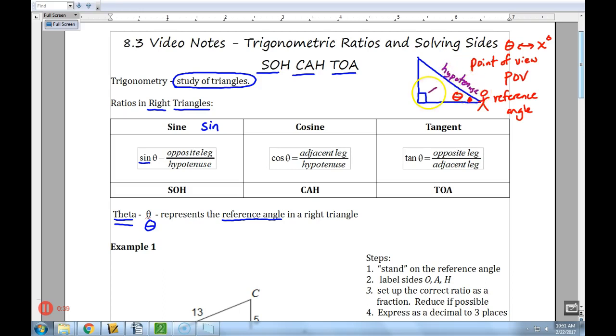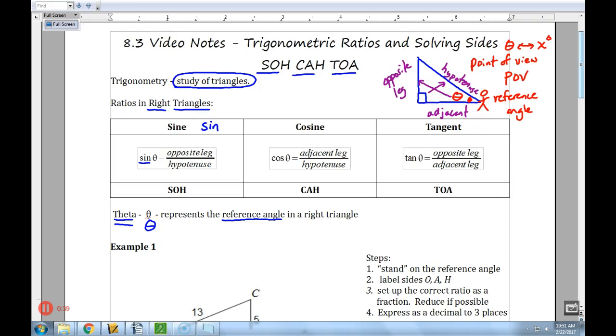The hypotenuse is easy to identify because it's across from the 90 degrees. Now we have two legs left. Depending on where I'm standing, the leg opposite me, or across from me, is called the opposite leg. And the leg right next to me that I'm standing on is the adjacent leg.